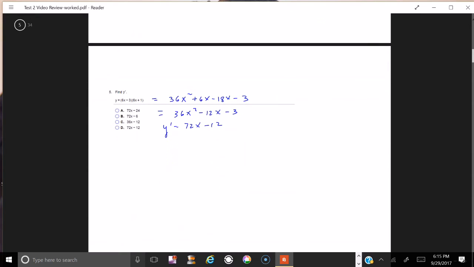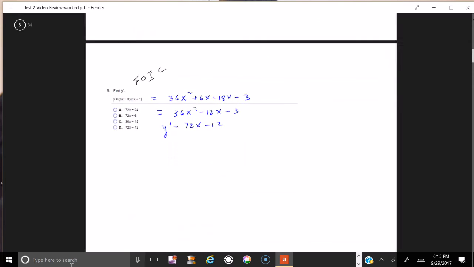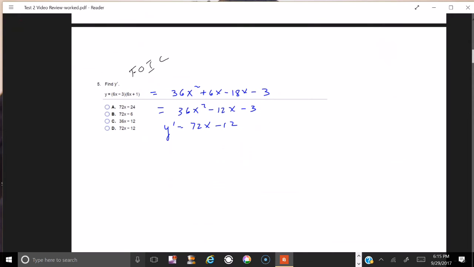Now here's one in which you might jump on and say, we'll use the product rule, but sometimes it's a lot simpler just to FOIL everything and multiply it out and then take the derivative.